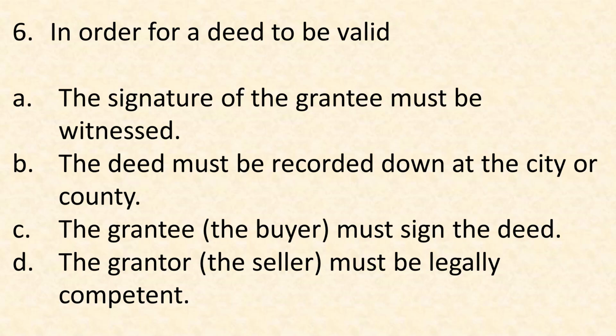Our answer is D, the grantor must be legally competent. Competency of the grantor is one of the requirements for a valid deed. The grantor must be of lawful age and of sound mind. Witnessing the grantee's signature is never needed, as the grantee does not sign the deed, and recording the deed is not required for validity of the deed.